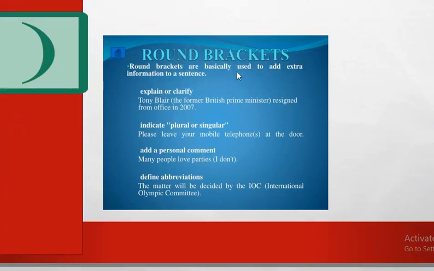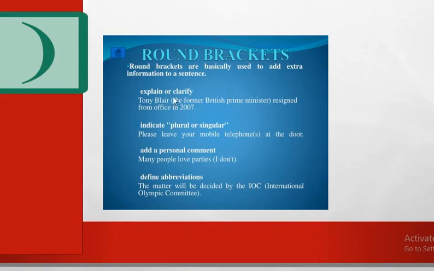Then round brackets. It is also one type of punctuation mark. Round brackets are basically used to add extra information into a sentence, to explain or clarify. Tony Blair, the British Prime Minister, resigned from office in 2007.